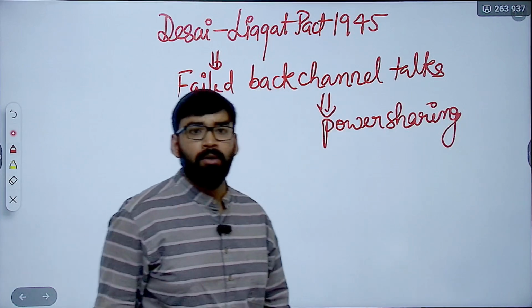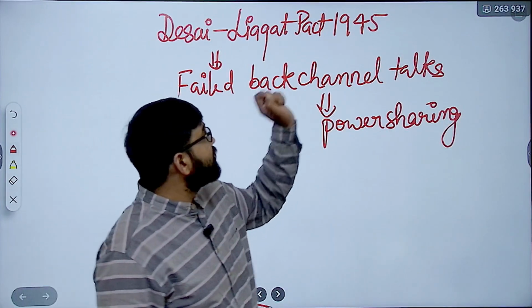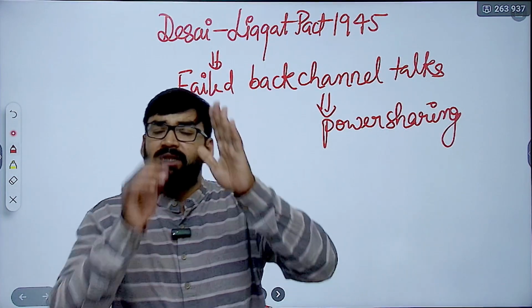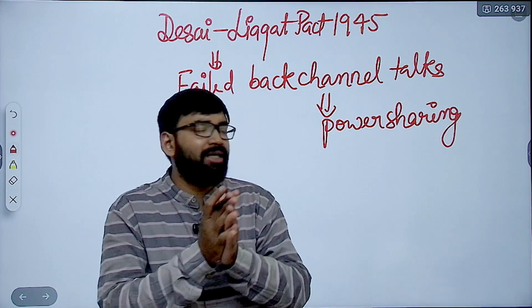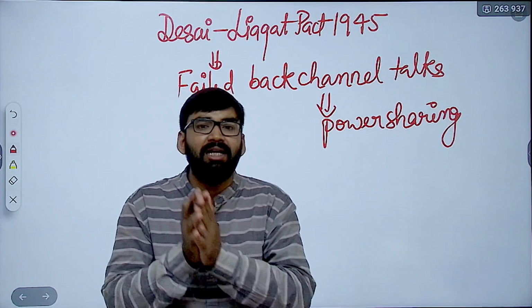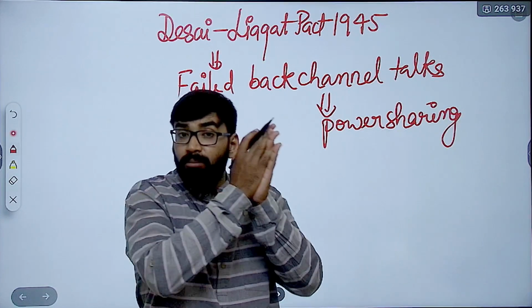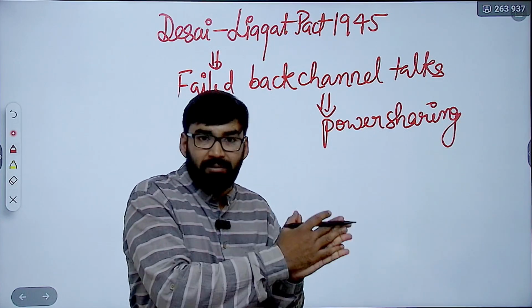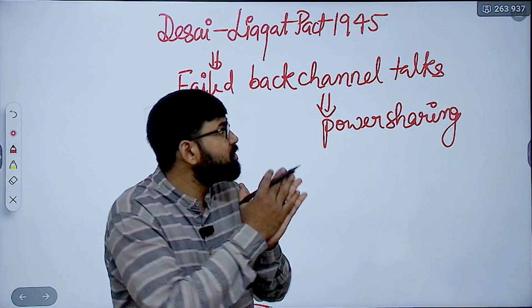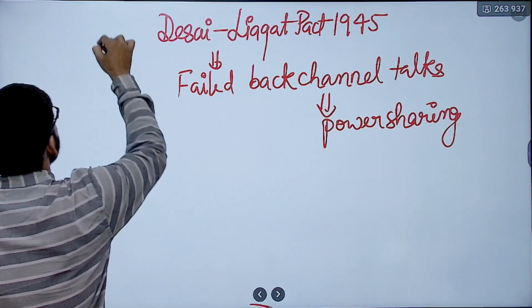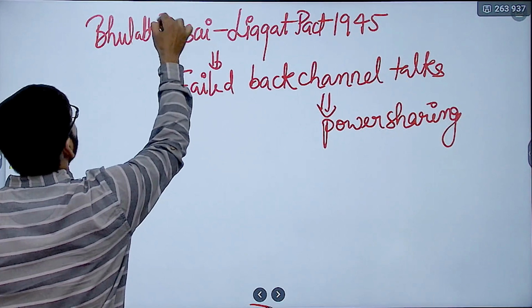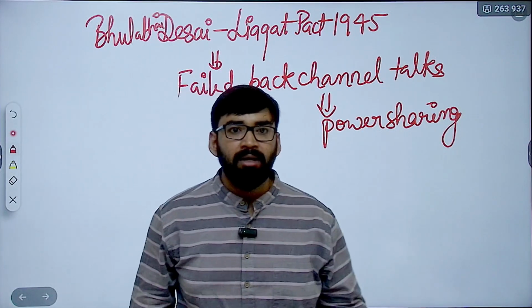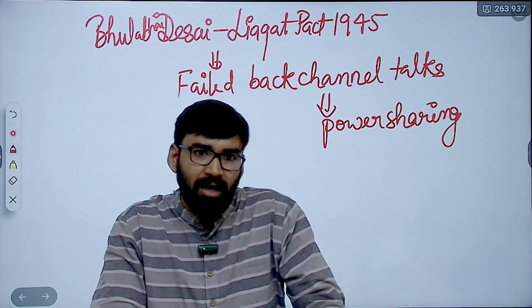Now, what is the Desai-Liaquat Pact? The Desai-Liaquat Pact was a secret political understanding in early 1945 when most of the Congress leaders were in jail. And who was this Desai? This was Bhulabhai Desai and Liaquat Ali Khan.